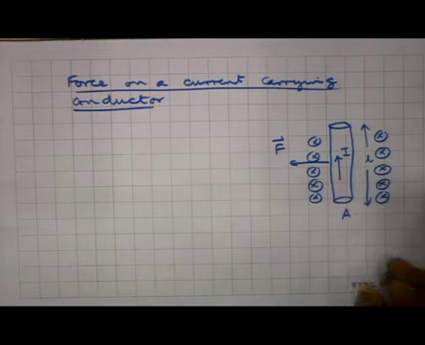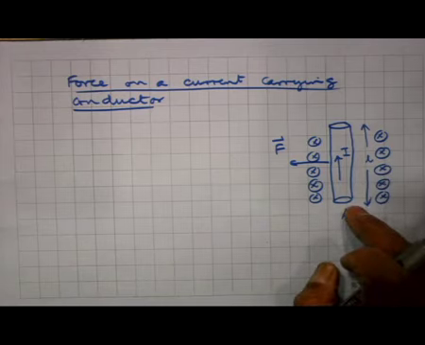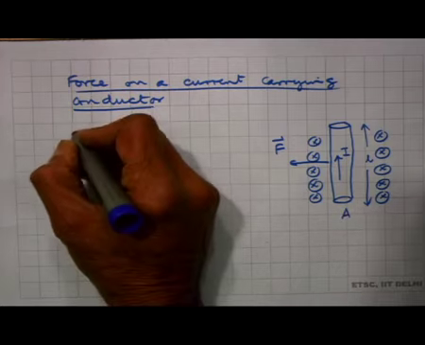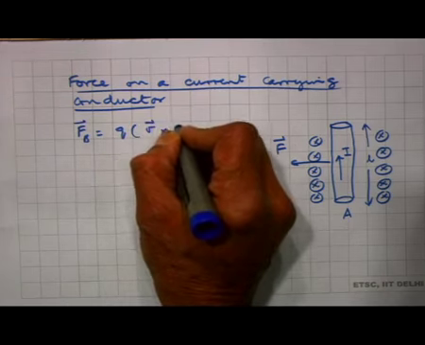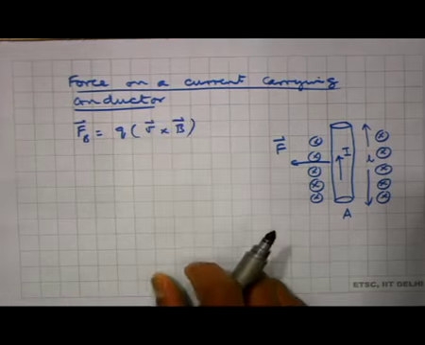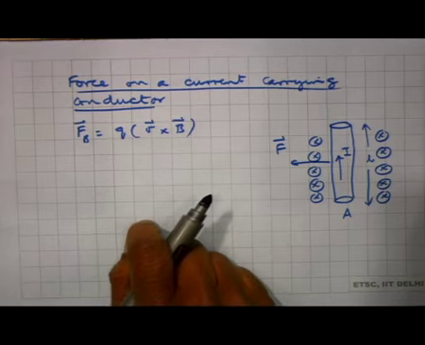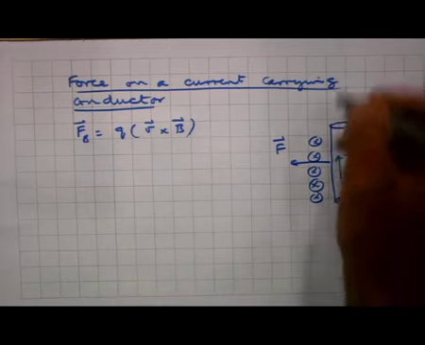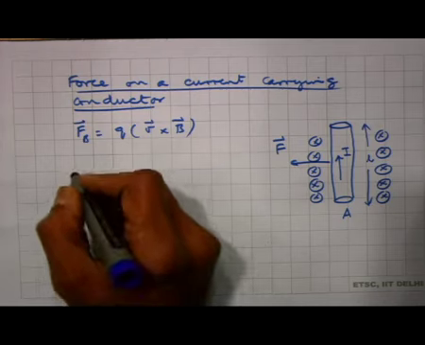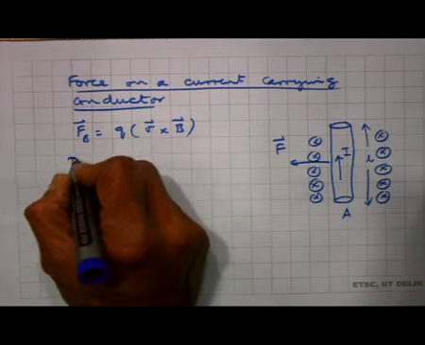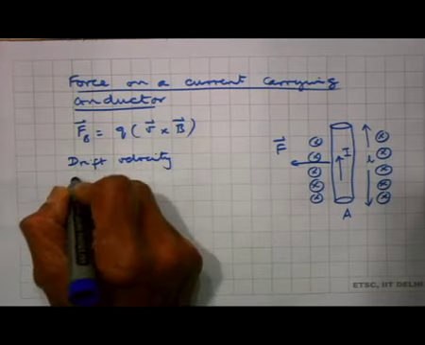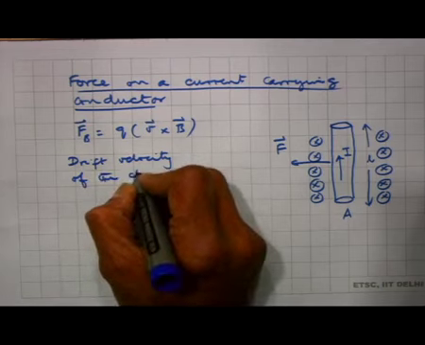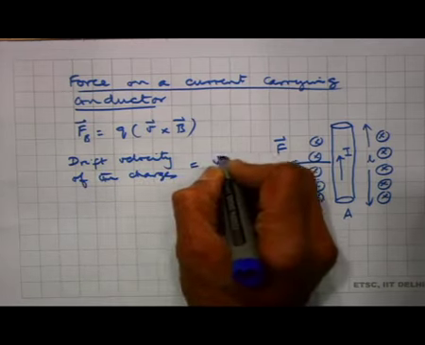Now, I want to calculate the net force acting on this wire because of this charge motion. We know that the magnetic force is equal to q v cross B, where v is the velocity of the charged particle, q is the charge of the particle, and B is the magnetic field. Now, as I mentioned, I will assume that these are positive charges moving up in the wire constituting a current. So, let me assume that the drift velocity of the charges is equal to v.